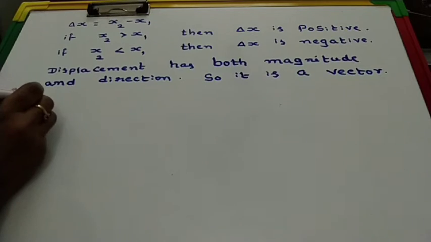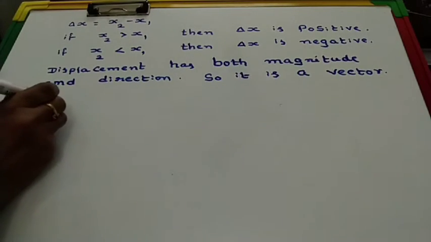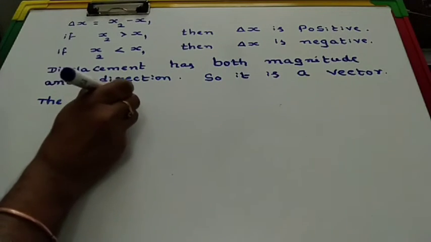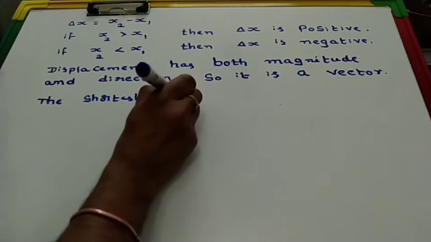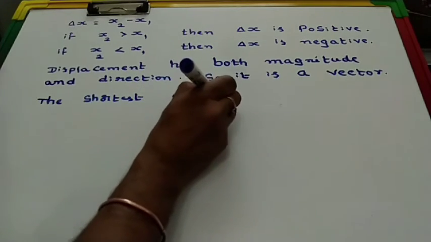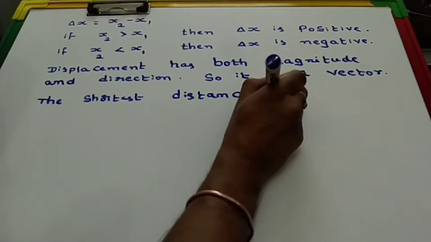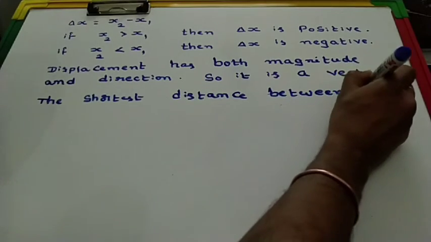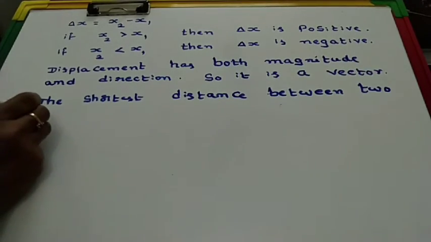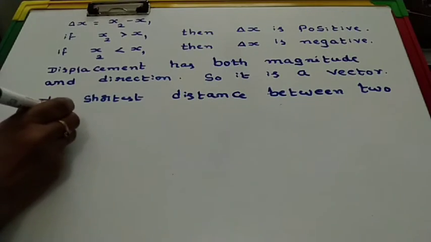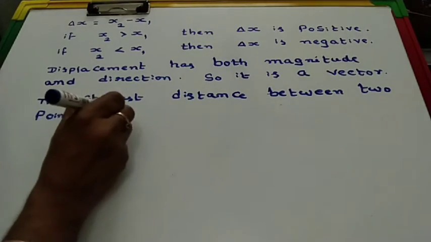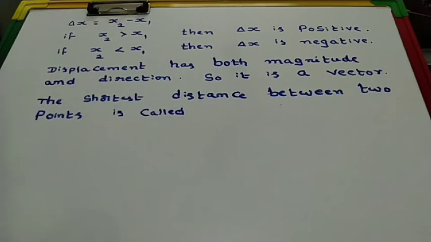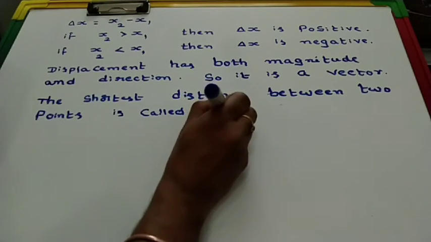Now another definition is also there. The shortest distance between 2 points is called displacement.